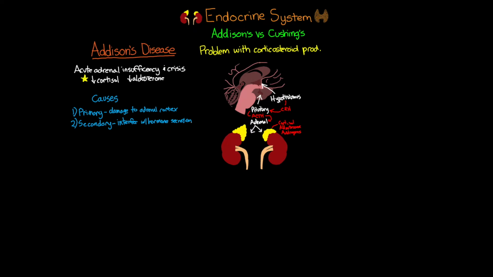So here things like pituitary tumors, radiation, hemorrhage, again trauma or surgery, or even any hypothalamic disorders, things that are going to lead to an inability of the pituitary gland to secrete ACTH and thus stimulate the adrenal cortex to release its corticosteroids. And finally, the last category that we have here is what we call the tertiary.